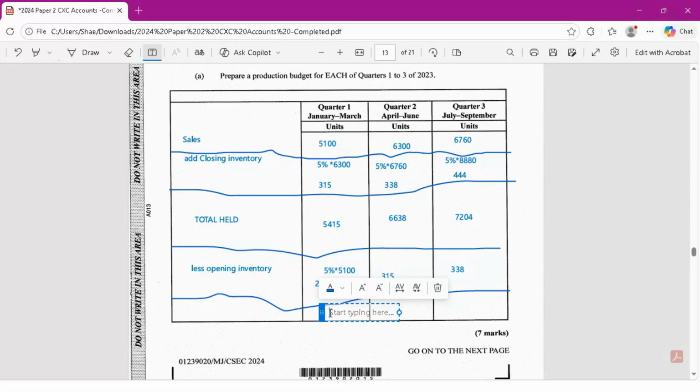So this is 5,670. Then we have 6,638 plus 315, which gives us 6,953. And we also have 7,204 plus 338, which gives us 7,542.